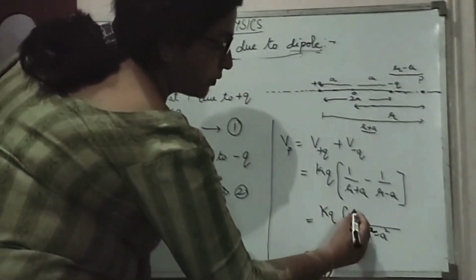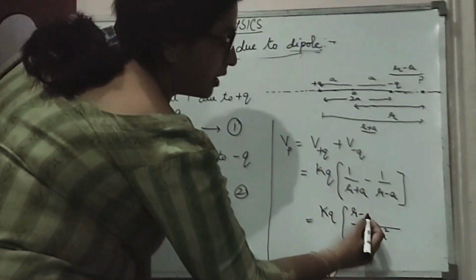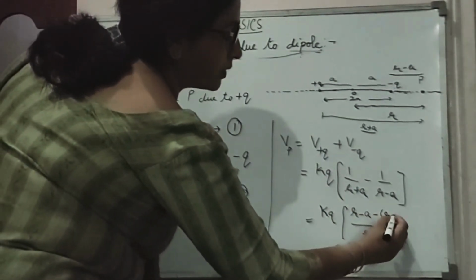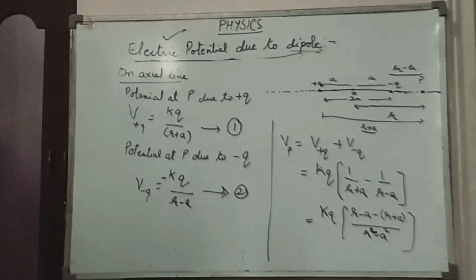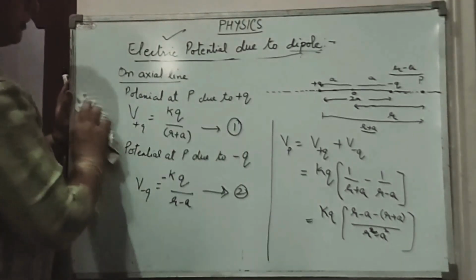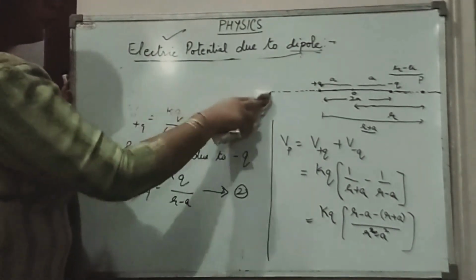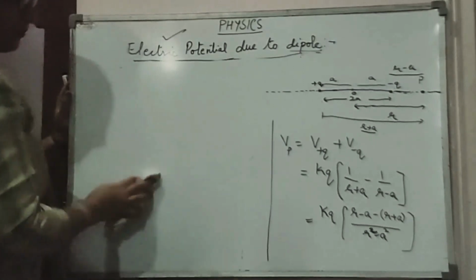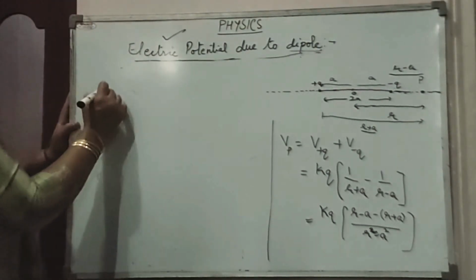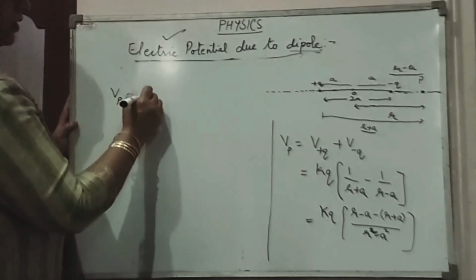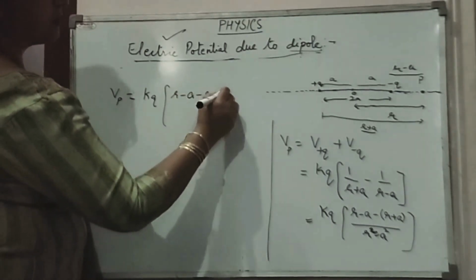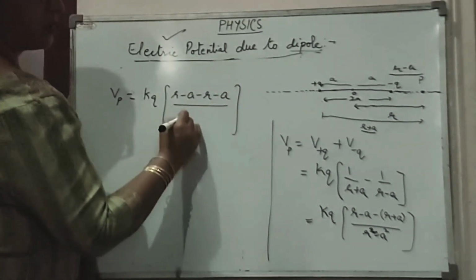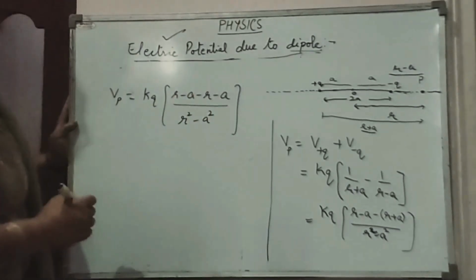The result after solving is R minus A minus of R plus A. So the total potential at point P is KQ times R minus A minus R minus A upon R square minus A square.